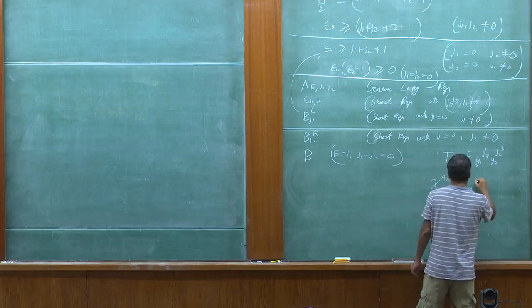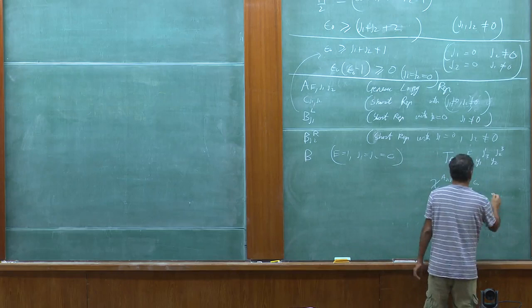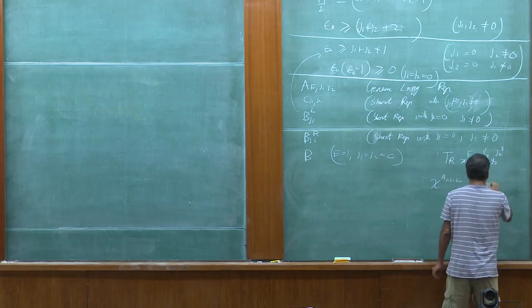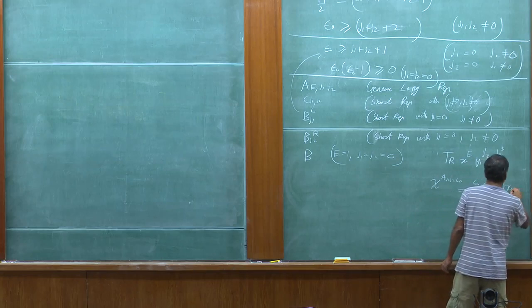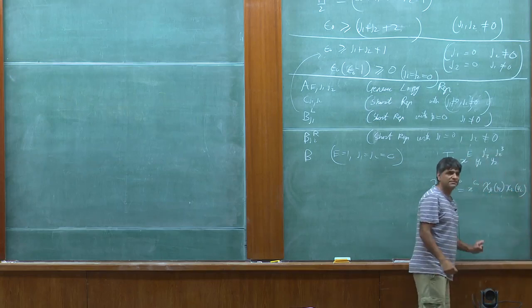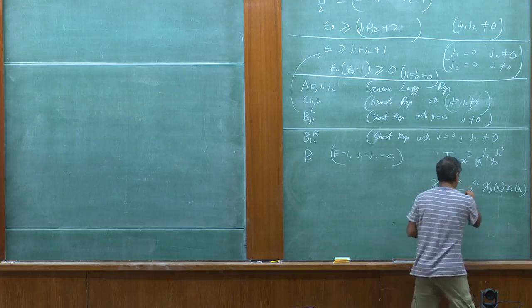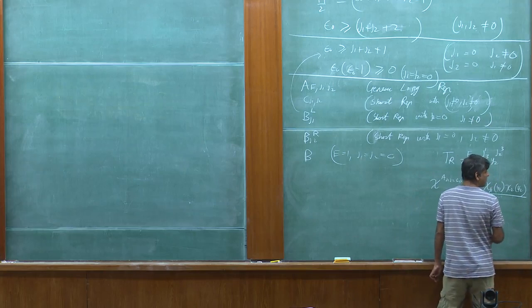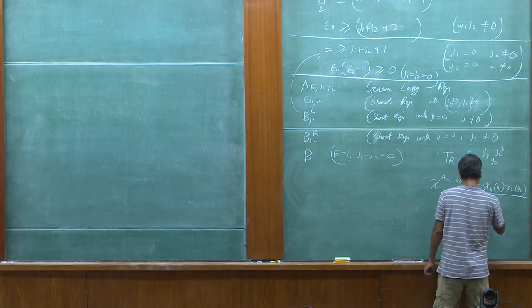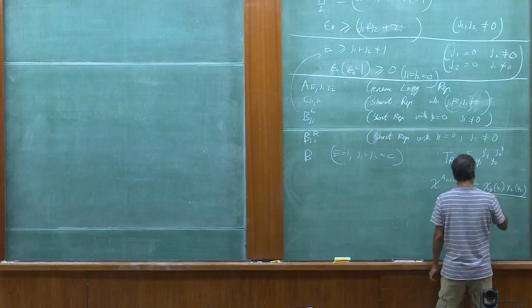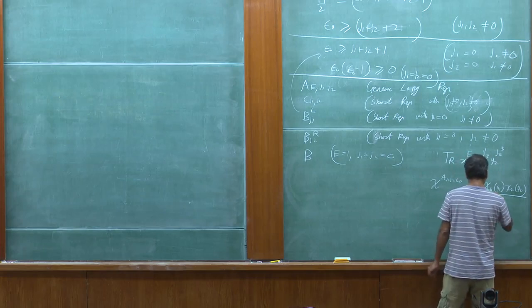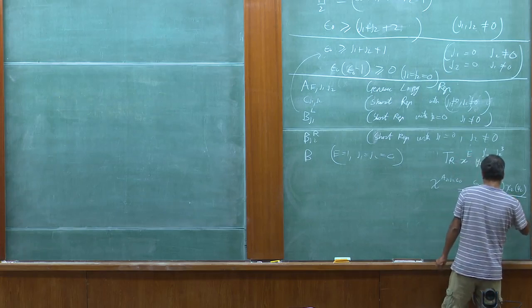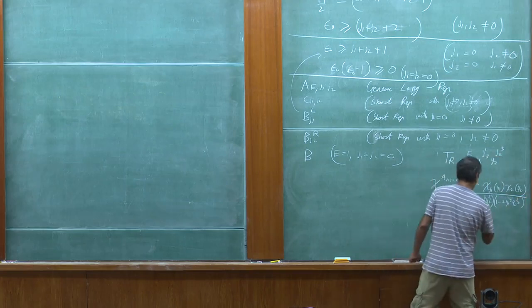It's just x to the power epsilon naught, then the SU2 characters, chi j1 of y1, chi j2 of y2, divided by 1 minus x y1 to the power half, y2 to the power half. Everything's in the denominator.